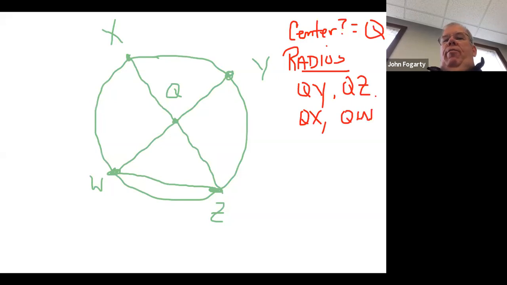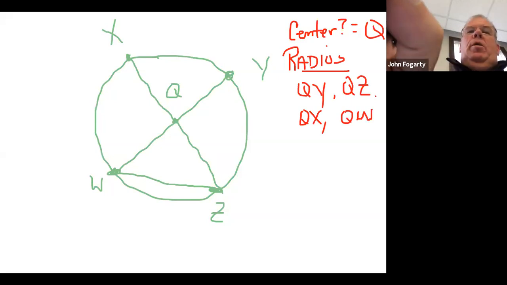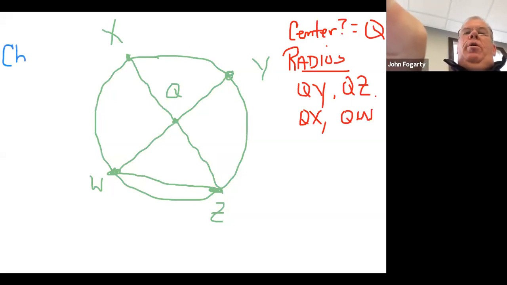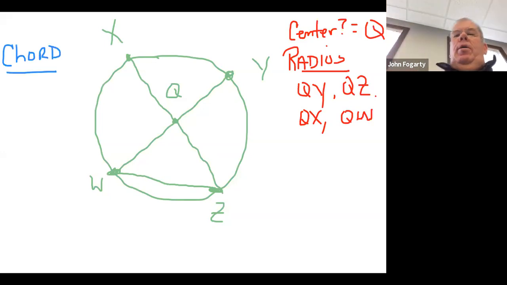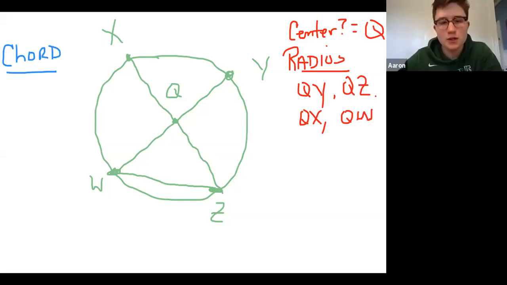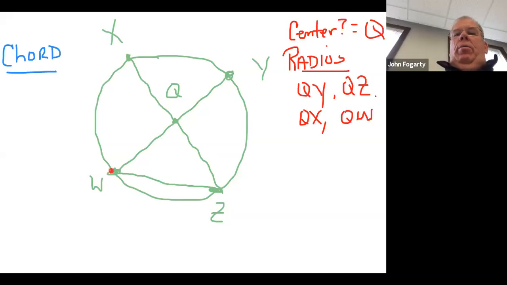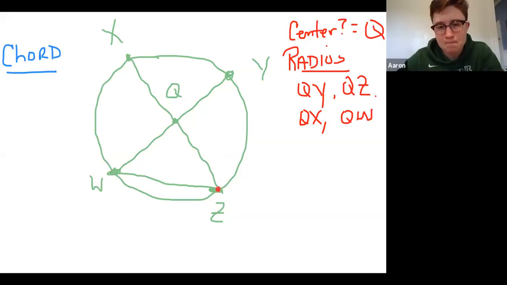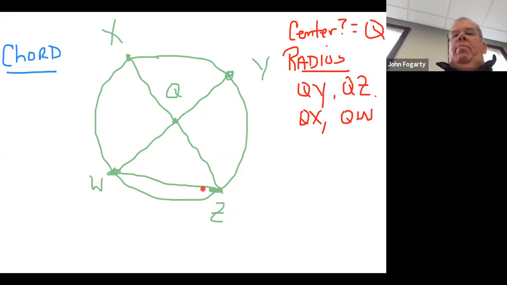All righty. So far, so good? Somebody give me a chord. How about we try WZ? Here we got W, and here we got Z. If I connect those two, I have a line segment whose two endpoints are on the circle. So there we go, WZ.